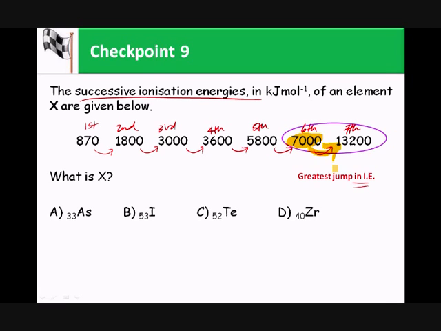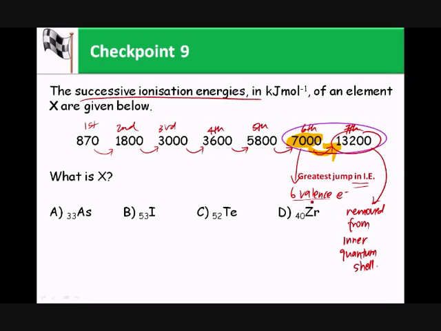So that means the element must have 6 valence electrons, because this 7th is actually removed from the inner quantum shell.